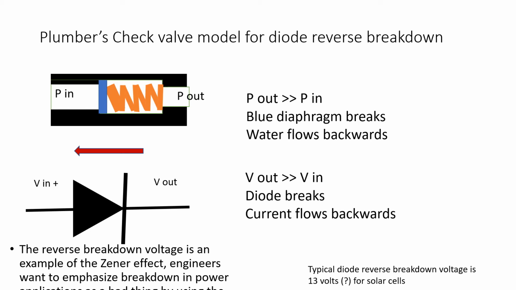All right, last thing we have to understand in diodes is called the reverse breakdown voltage, and I'm going to relate it back to a check valve again. All right, the pressure out is much higher than the pressure in.